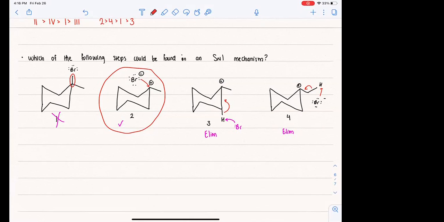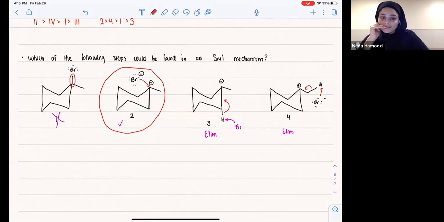Well, no, because the methyls are in the equatorial. The methyls need more priority in the equatorial than the bromine. There you go, we have an explanation.